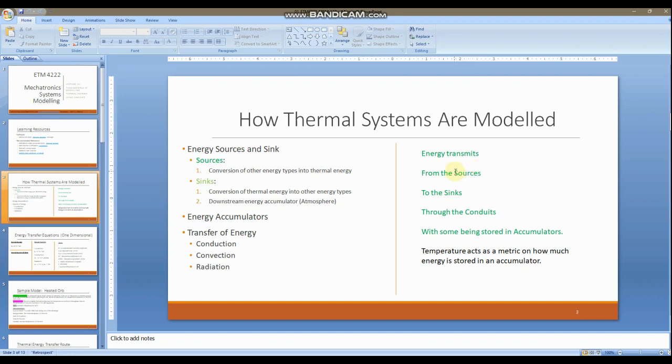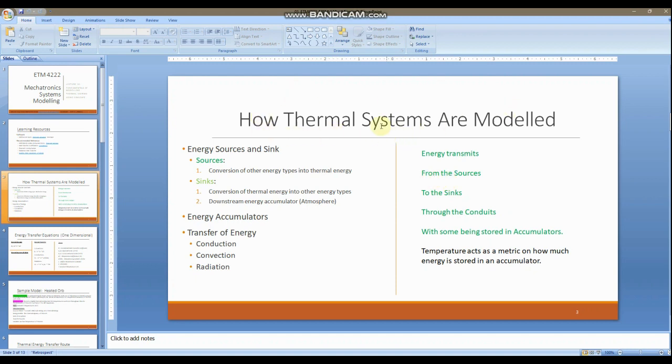that means even though we'll model some source and sink in a computational model of a thermal system, in reality they aren't really sources and sinks. In reality what we see is conversion from one form to another.